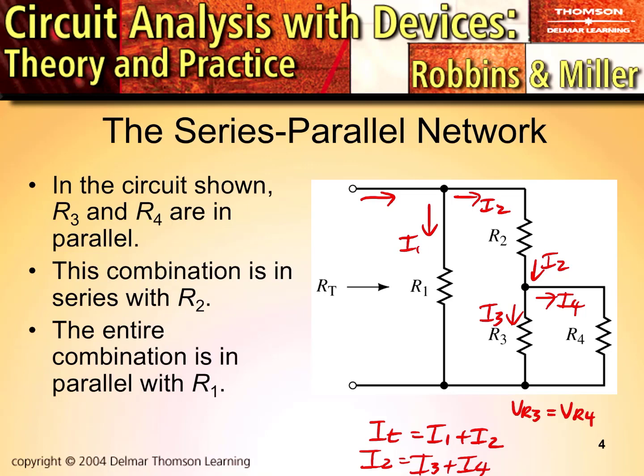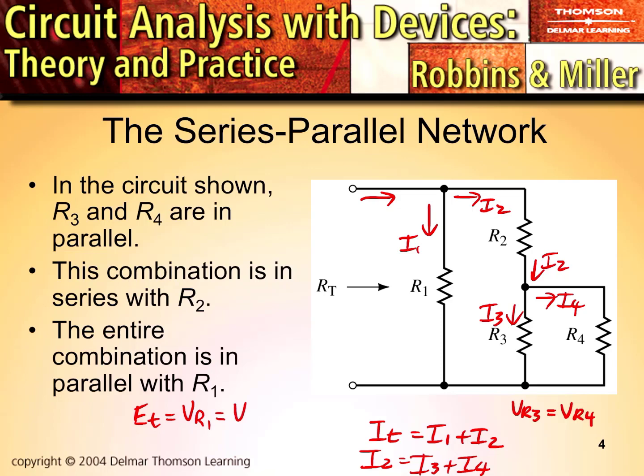Further, if we look at the E total value that would be connected to this circuit, E total would have to equal VR1. Notice how R1 is right across the two terminals of the source. Well, further, the last branch is right across the two terminals of the source too, and we have voltage division in that last branch. That voltage division is represented by VR2 plus VR3.